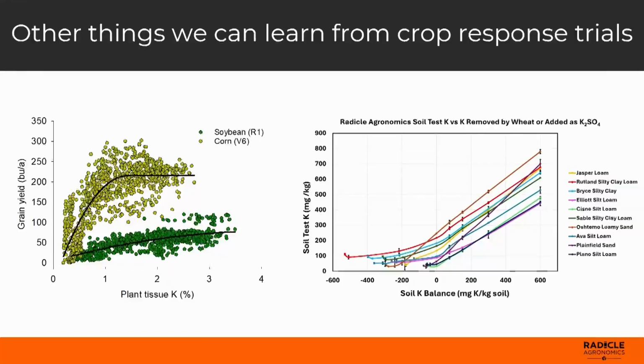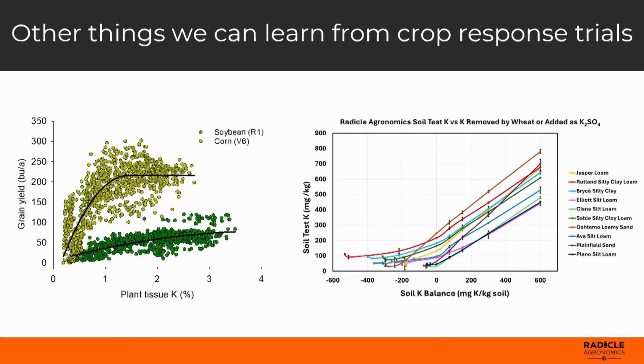So the greater the slope, the greater the buffer capacity. That means I have to add more potassium to change my soil test compared to something with a lower slope, which means I don't have to add as much potassium. Like, is it 4 pounds of K2O or is it 8 pounds of K2O to get a 1 ppm change in soil test level?